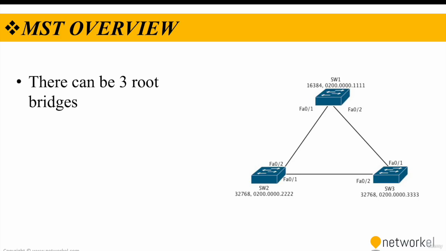So normally on the screen, as you are seeing, we have three different switches, and switch 1, 2 or 3 may become a root bridge in a 3-switch topology like this. And according to these three different scenarios, the ports on the switches will have different roles.